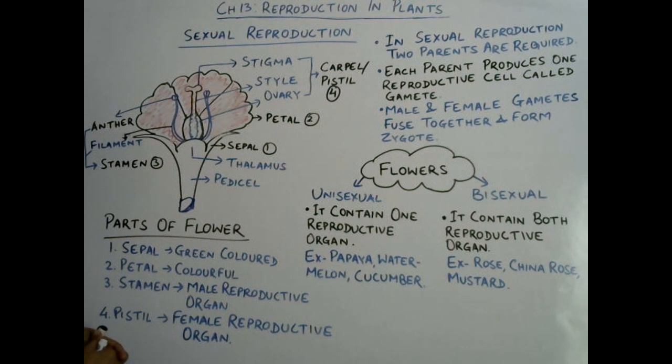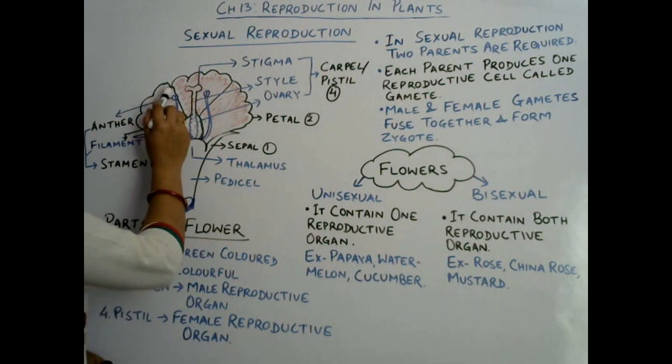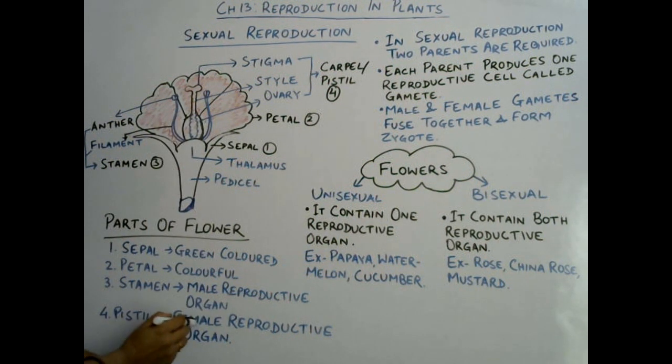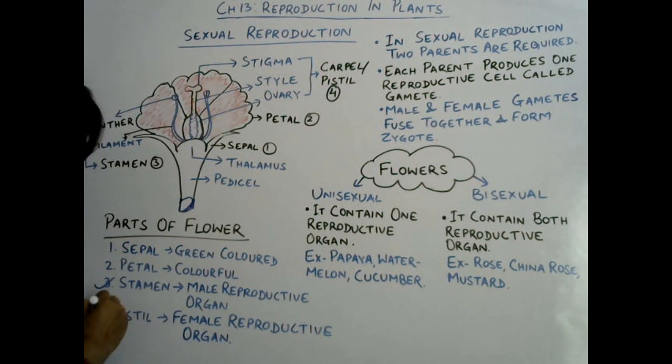Fusion between male and female gamete is called fertilization. In this way sexual reproduction takes place in a flower. These two parts, male and female, play the main role in sexual reproduction in a flowering plant.